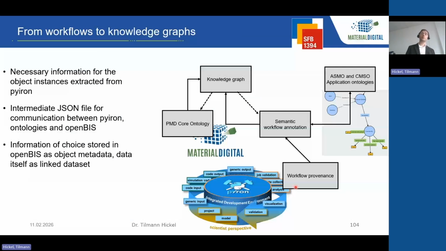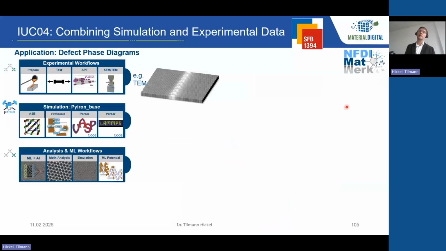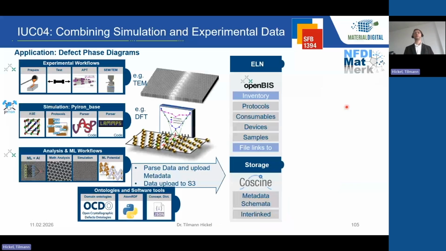We do this inclusion then into the knowledge graph or whatever kind of structured data format we use based on the ontologies, and the PMD core ontology will extensively be introduced to you next week. And we need also the application ontologies like the one for the defects. And having done it this way, we can also retrieve the experimental data, described in the same way.